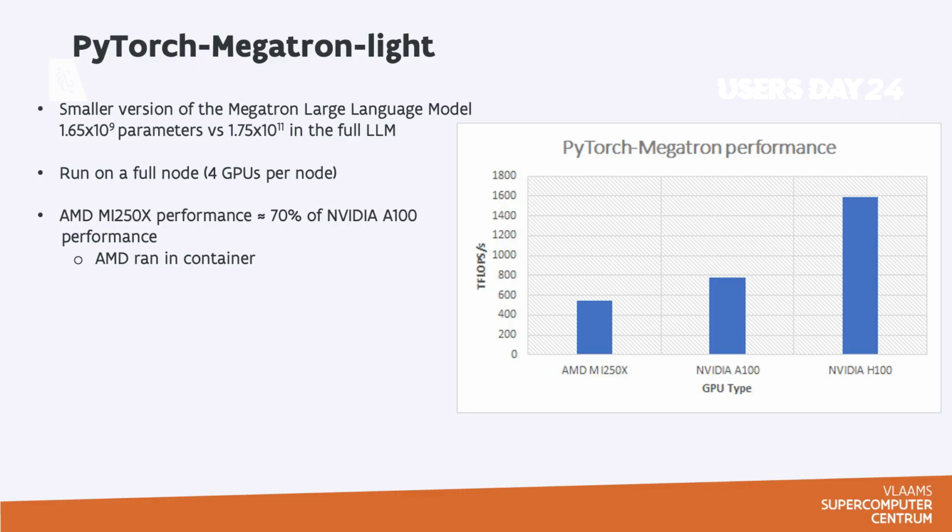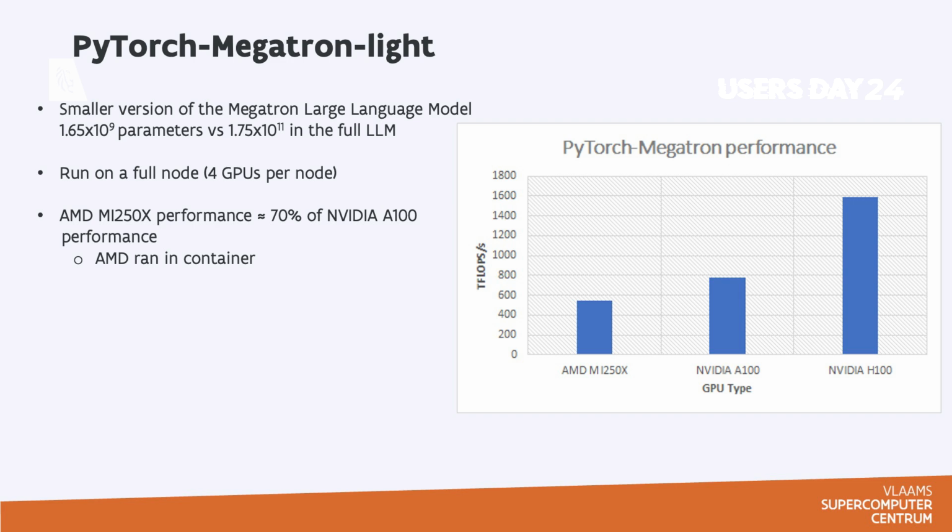Then we also ran a large language model, the Megatron large language model to be more precise. We tuned it a little bit to be able to fit it in a single A100 GPU node, and we did all our tests on a full GPU node as well. Here, before I explain something, it's teraflops per second, so in this case, the higher the value, the better your performance is.